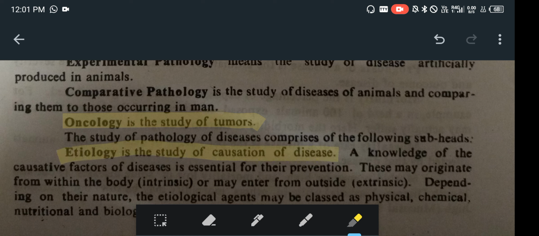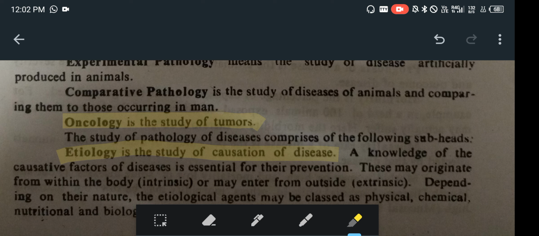Guys, note it please, there is a difference between the study of disease and studying the cause of the disease. Study of diseases is pathology, and if we are studying the cause of the disease, it is etiology. So etiology is a part of pathology, not the whole of pathology.